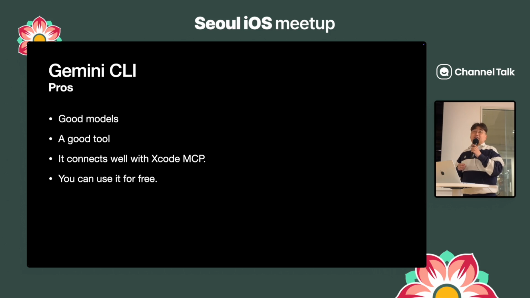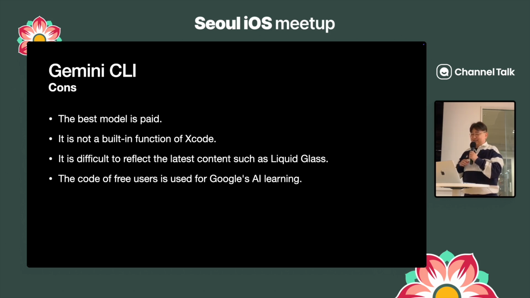I think it's better than Copilot CLI. You can use it for free, but the best model is paid, something like Pro models. It is not a built-in function of Xcode. You have to link the MCP manually.